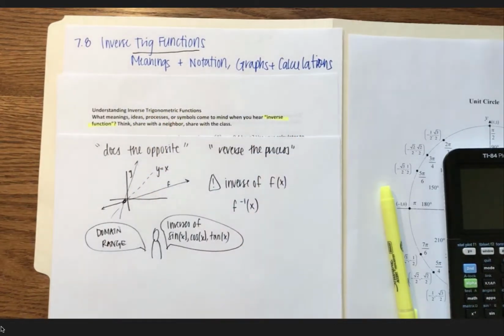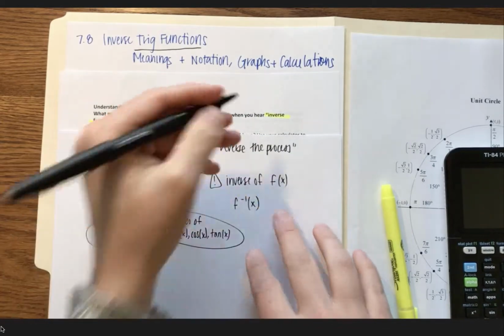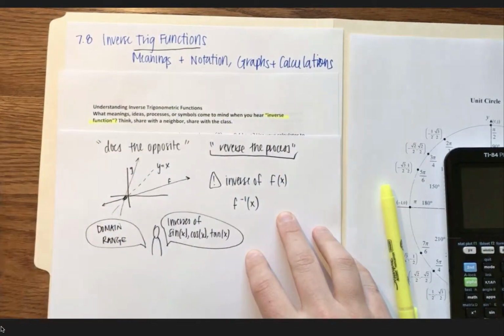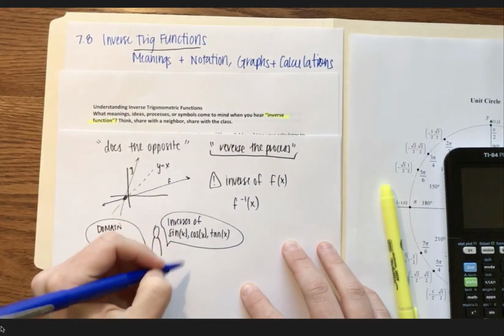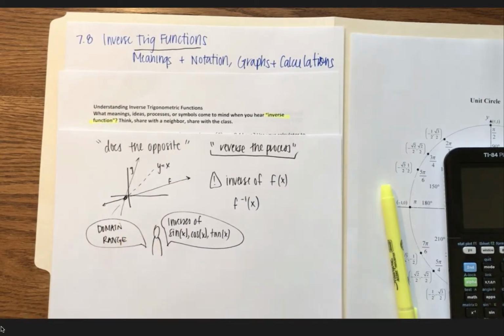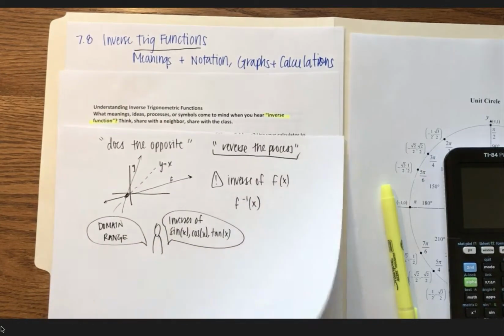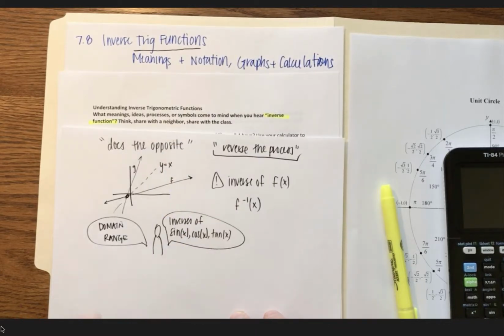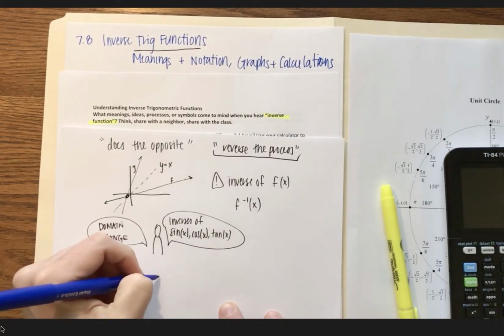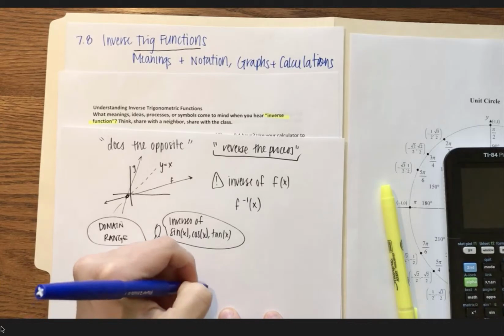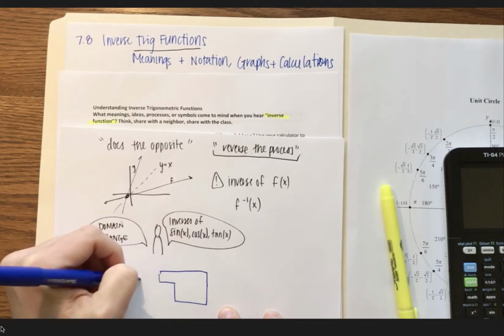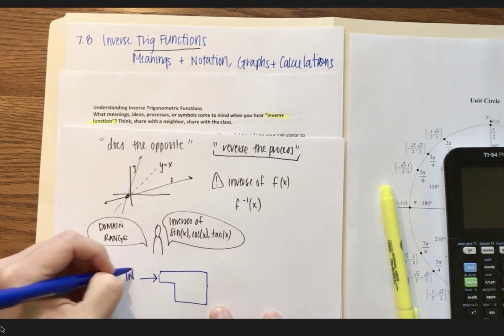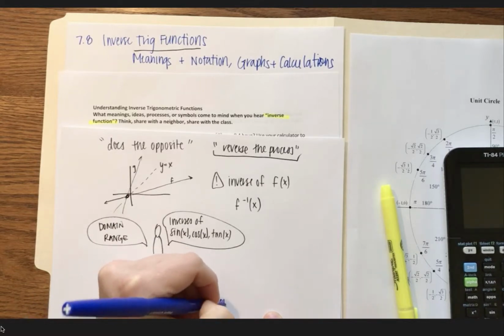A really useful metaphor for inverses along this reverse the process idea has to do with a function machine. I happen to have a picture of a function machine somewhere here. I guess I could draw one for you. Essentially, it looks like this. You have this little machine right here, and you think about it having an input and an output.